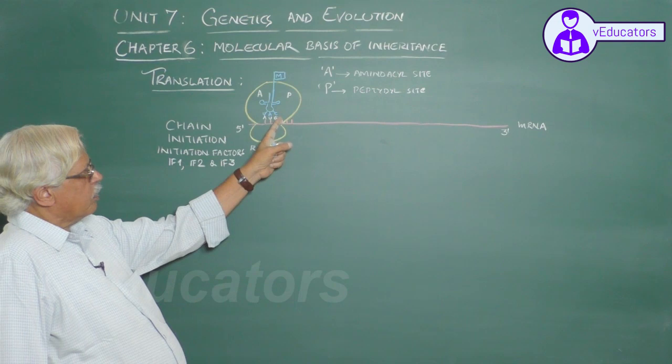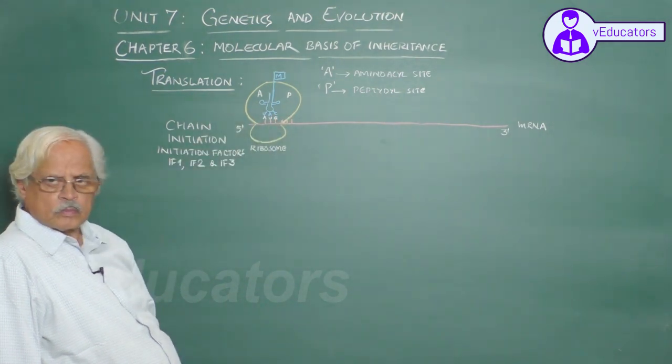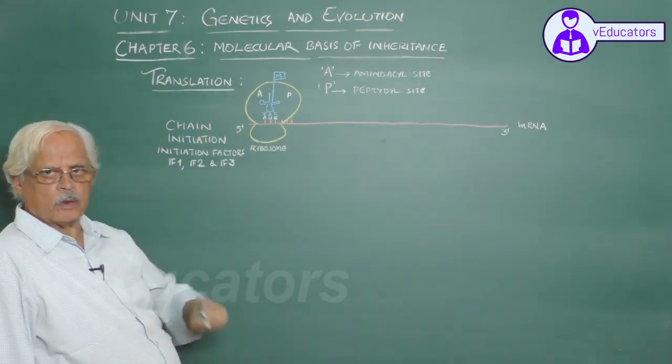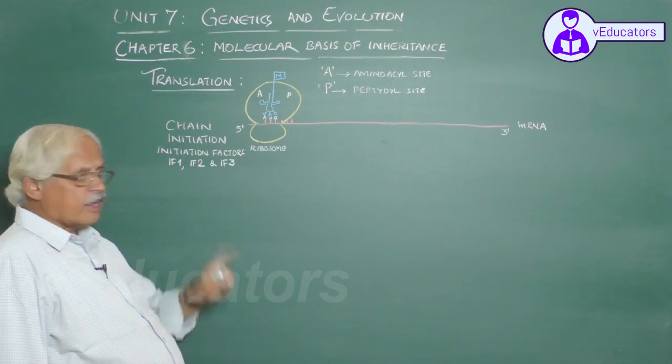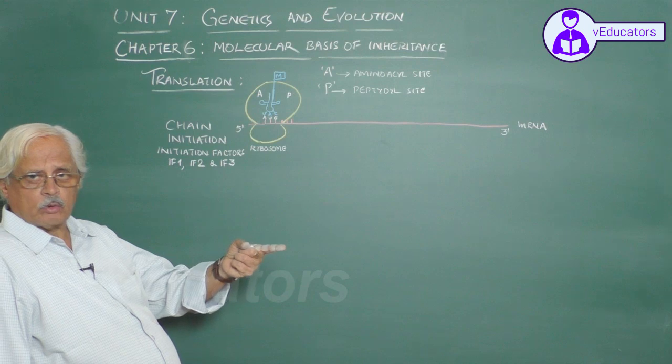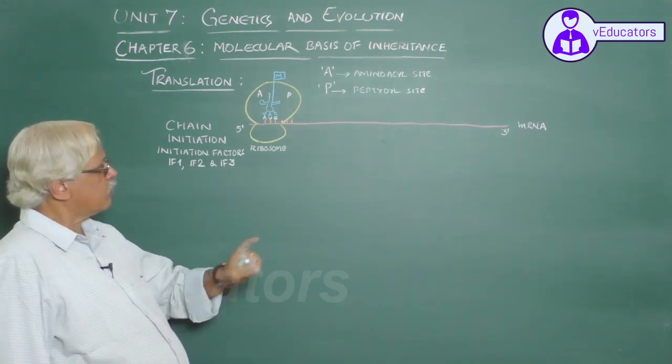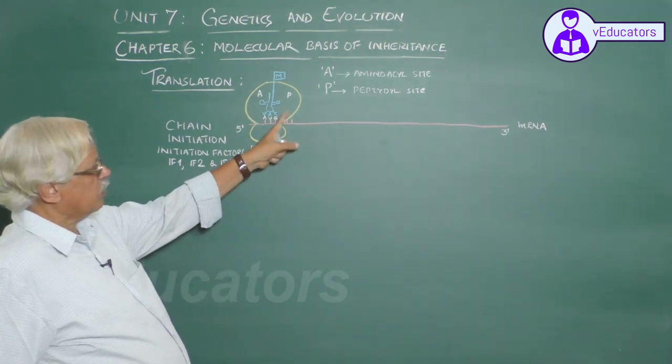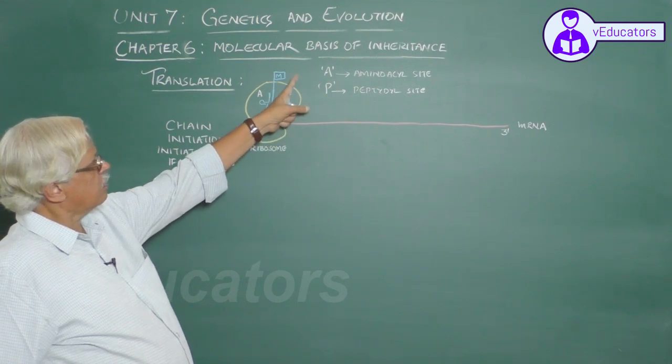Suppose the second codon is UUU, phenylalanine must be brought there. Phenylalanine can be brought there by a tRNA molecule having an anticodon AAA. So a second tRNA molecule comes here carrying phenylalanine.